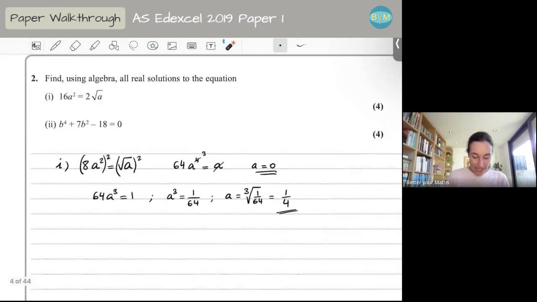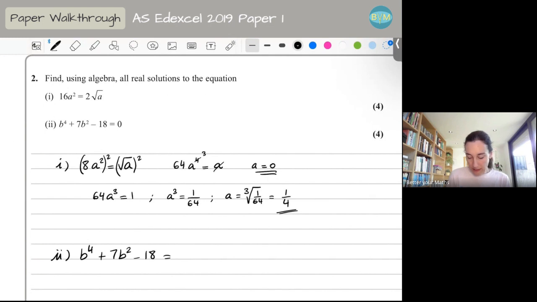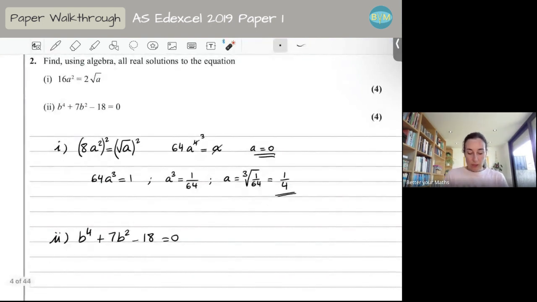Second part. It says b to the power of 4 plus 7b squared minus 18 equal to 0. You don't know how to solve quadratic equations, but you know that when you have something and then the same something squared, you can work with a quadratic.